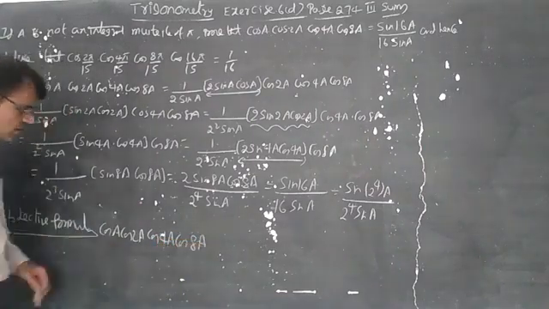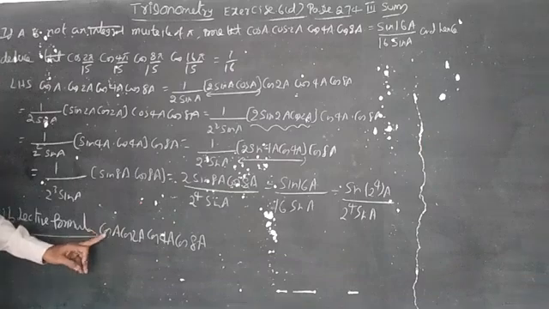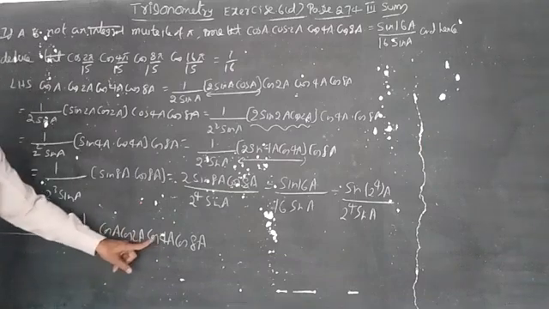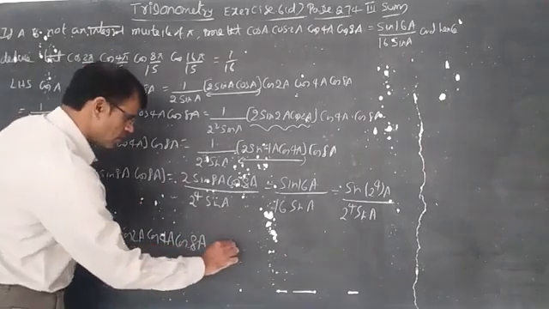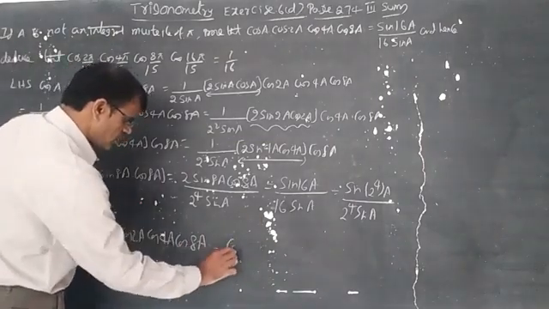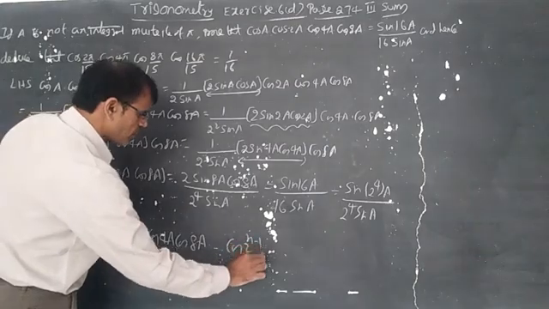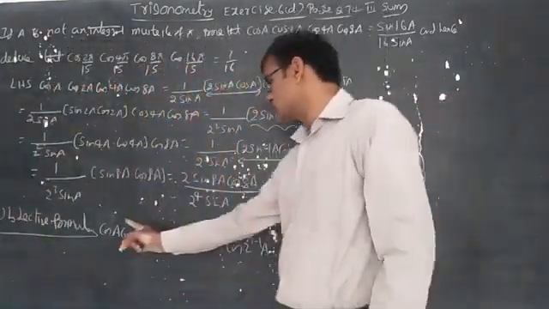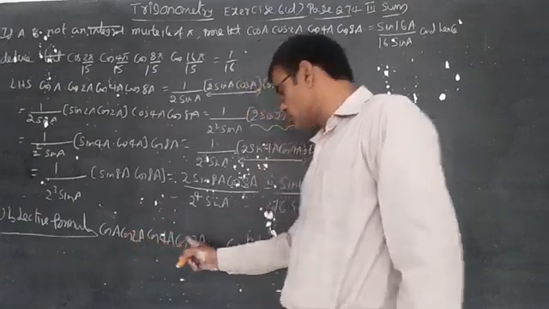So what is happening? It started with A, so it is 2 power 0, 2 power 1, 2 power 2, 2 power 3, and so on, cos of 2 power n minus 1 into A.